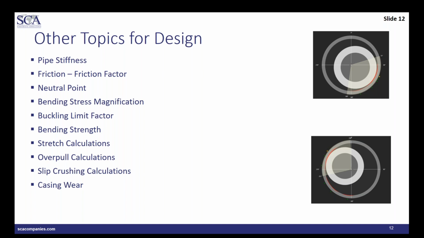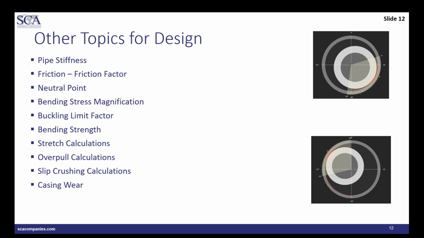Then the stretch calculations. There are different stretches that the string undergoes. How do we calculate and how do we validate? So we will cover some other things based on the validated results. Then obviously we need to have the overpull calculations and the slip crushing, since we use heavy load at the surface. Another important point that we need to consider is the casing wear.